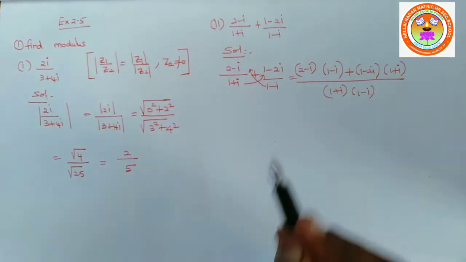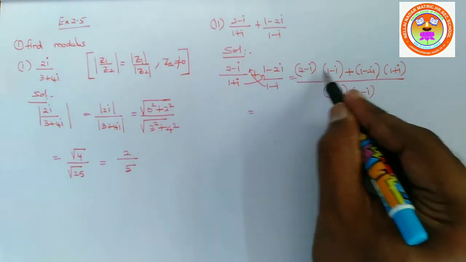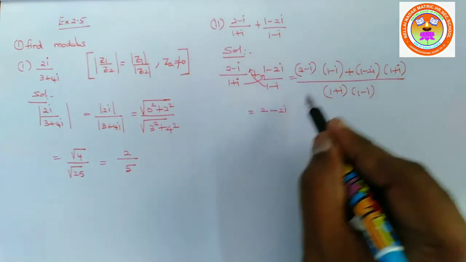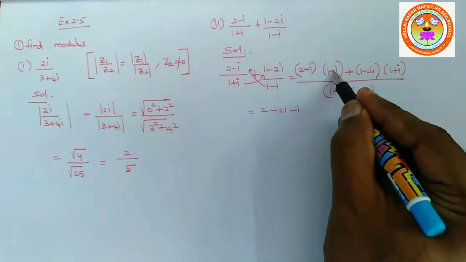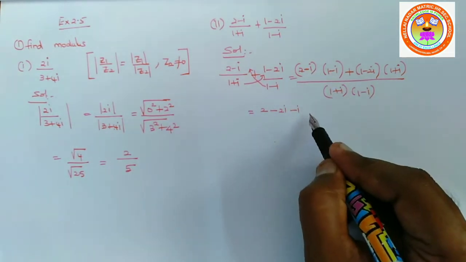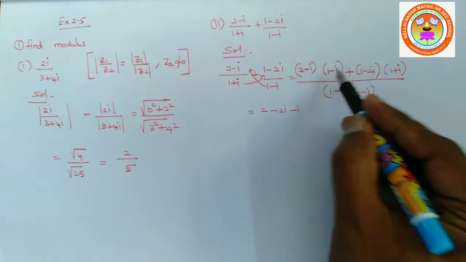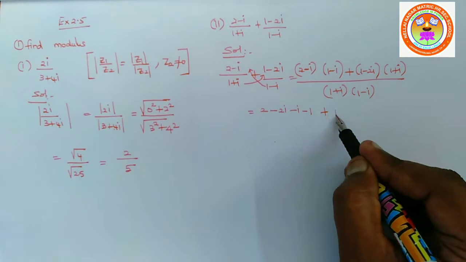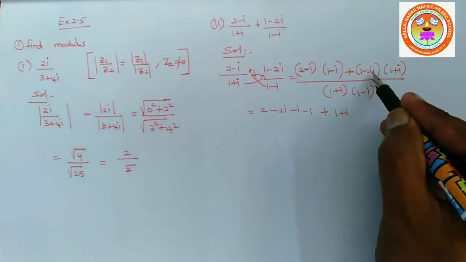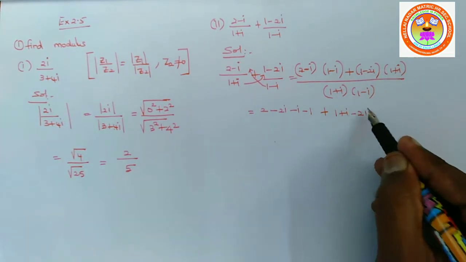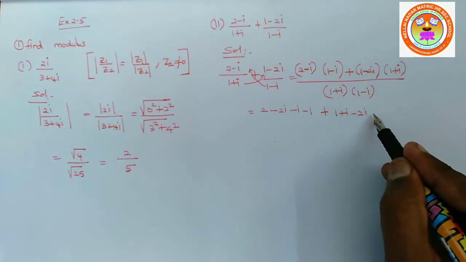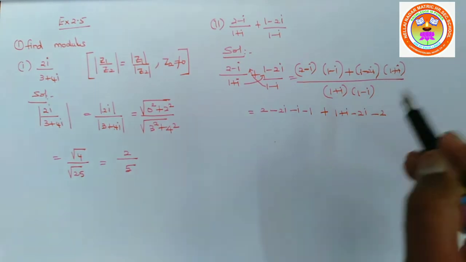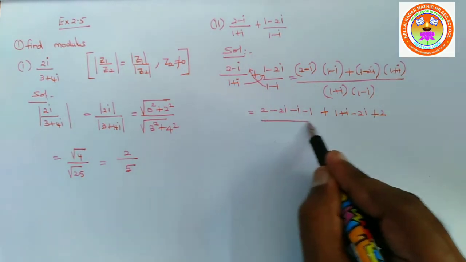Expanding: 2 into 1, 2 into minus i is minus 2i, minus i into 1 is minus i, minus i into minus i gives i square, whose value is minus 1, so put minus 1. Next, plus 1 into 1, 1 into i is i, minus 2i into 1 is minus 2i, minus 2i into i gives i square, value minus 1, so minus into minus gives plus 2.